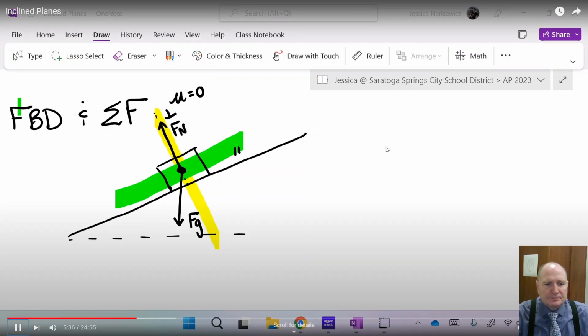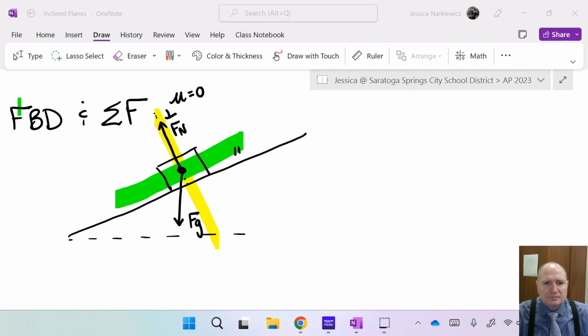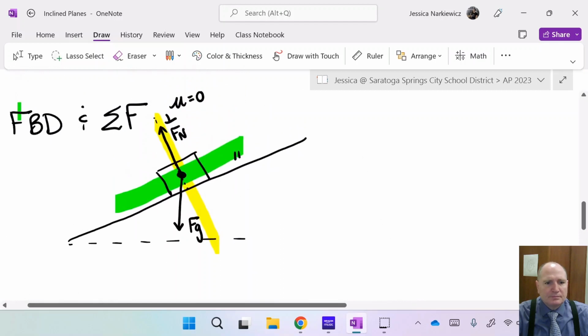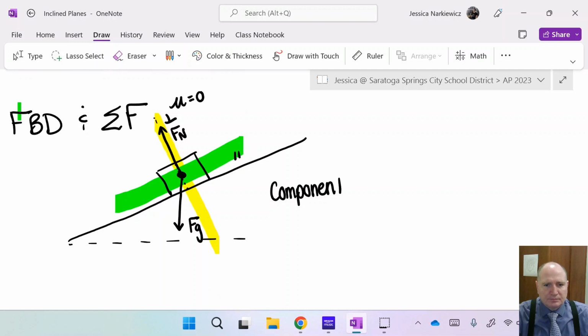That's great. But the force of gravity is not perpendicular or parallel. It's a little bit of both. Yeah, that's the problem. So what that means is we need to find components of the force of gravity, much like we would need to find components of any force that's at an angle relative to our coordinate system. Cool.